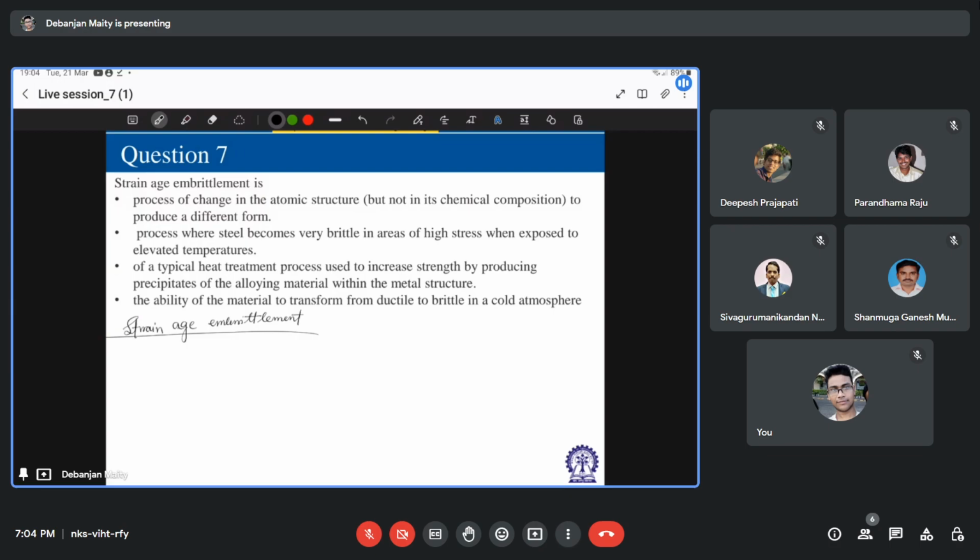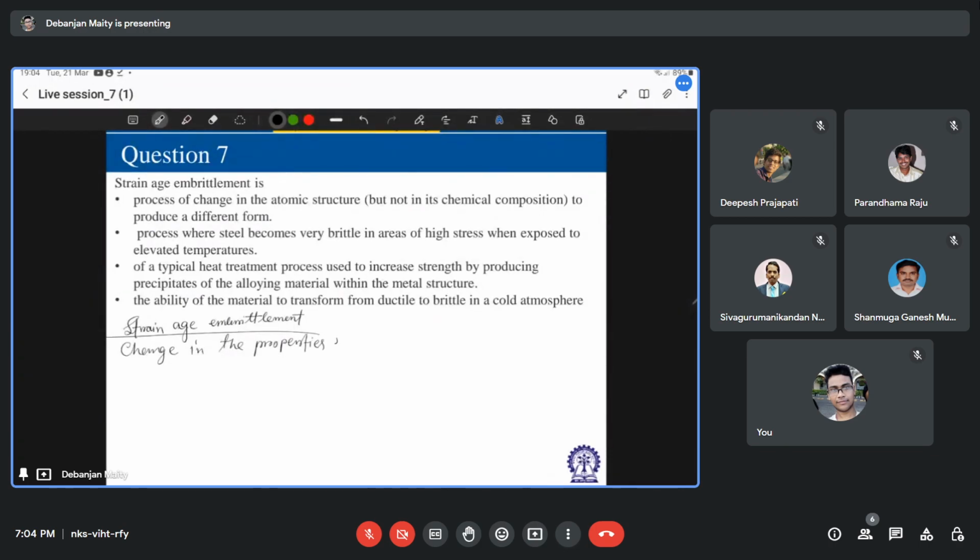If you try to define it, this is a change in the properties of a cold worked metal, or we can say steel for the present purpose, over time.